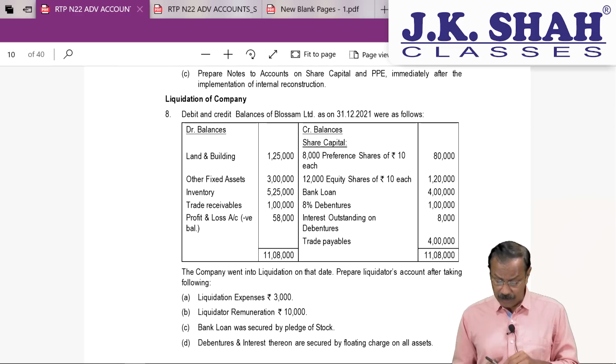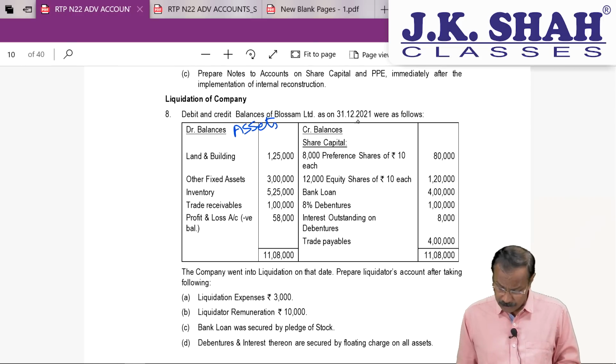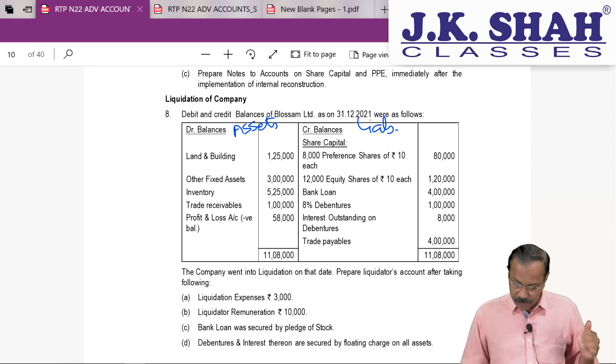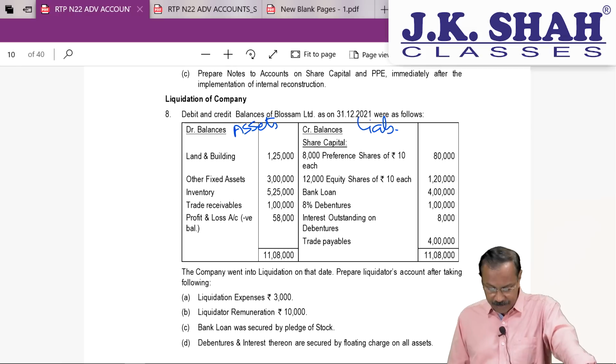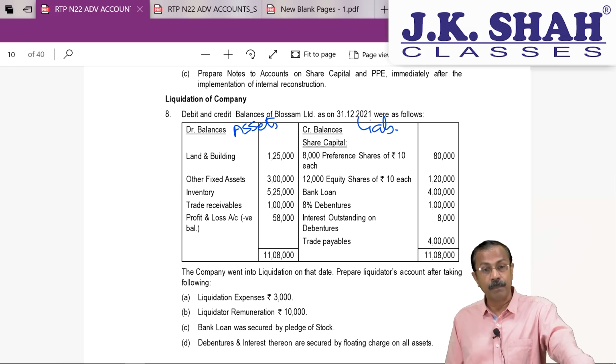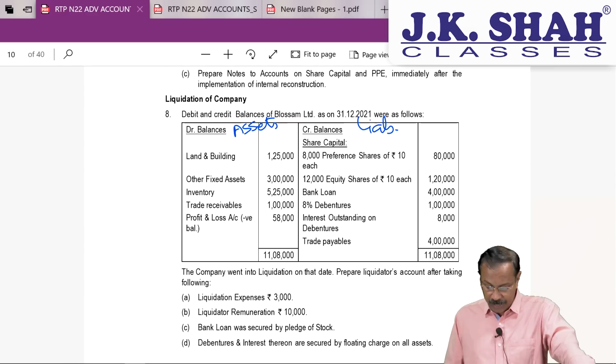Debit balances are nothing but your assets, and these are nothing but your liabilities. Land and building, other fixed assets, inventory, trade receivables and P&L. 8,000 preference share capital, equity share capital, bank loan, debentures, interest outstanding on debentures and trade payables.